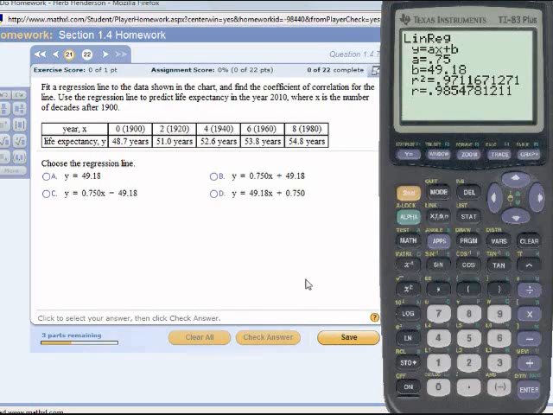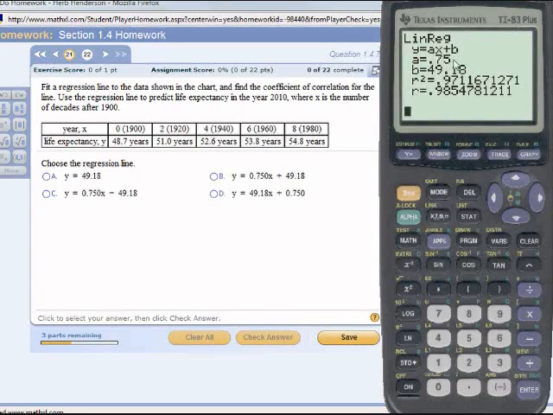Alright, we have everything we need here to answer the first part of the question. Here's y equals ax plus b. Well, a equals 0.75, so I would substitute it there. b equals 49.18. I substitute it there. So I look at these selections here, and, well, y equals 49.18.